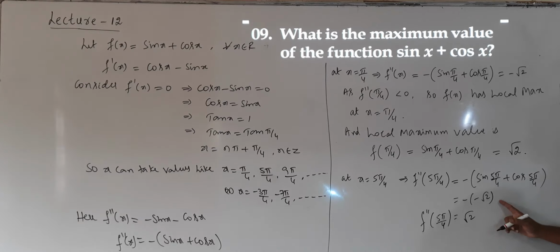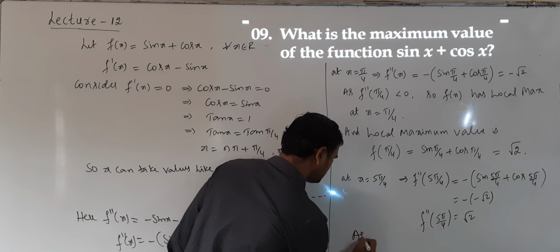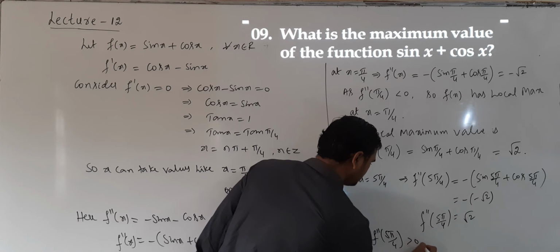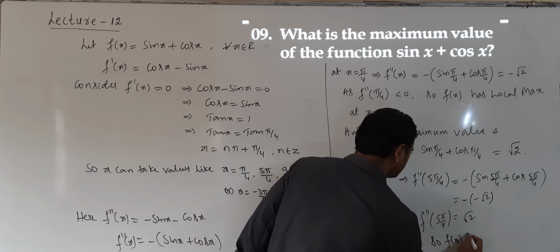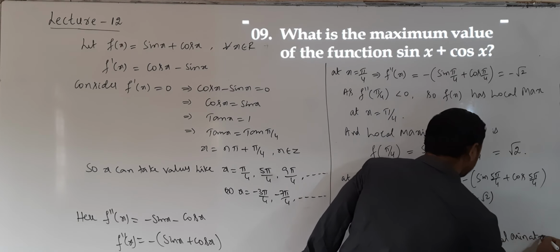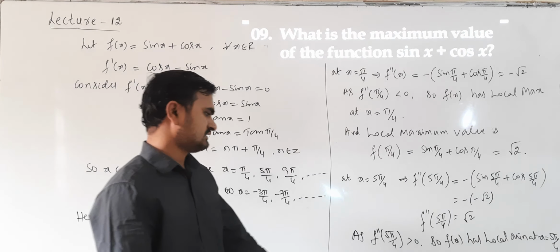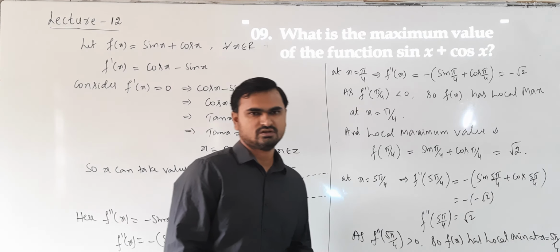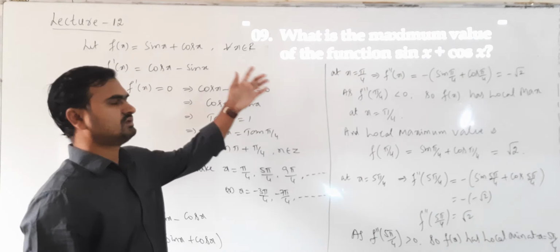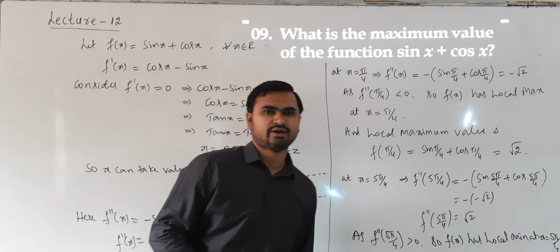So the second derivative is positive, meaning the function has a local minimum. As f double dash of 5 pi by 4 is greater than 0, f of x has a local minimum at x equal to 5 pi by 4. We are not interested in that value, because we are interested only in finding the local maximum value.